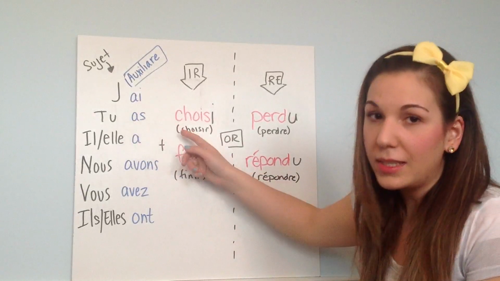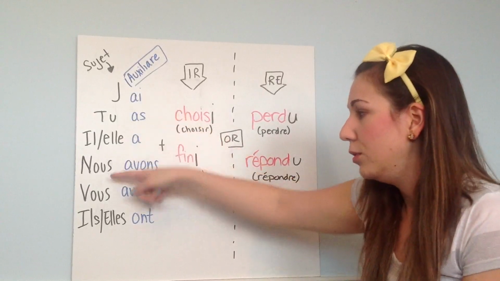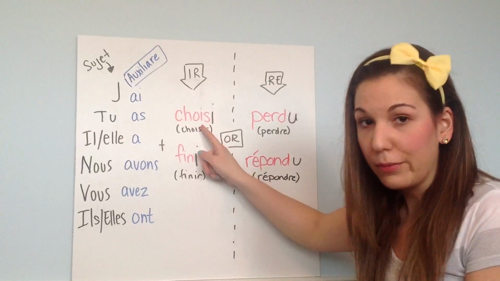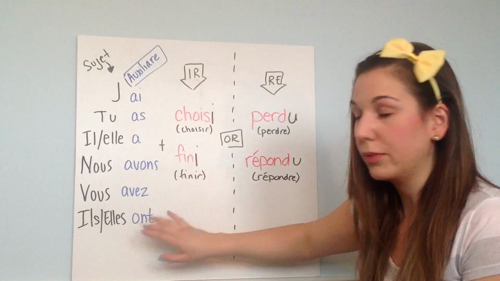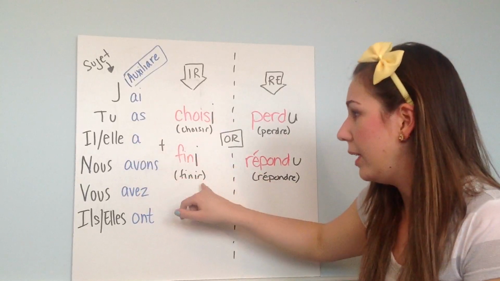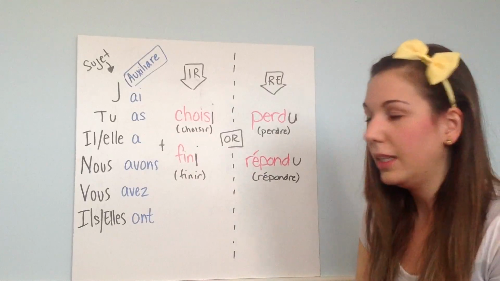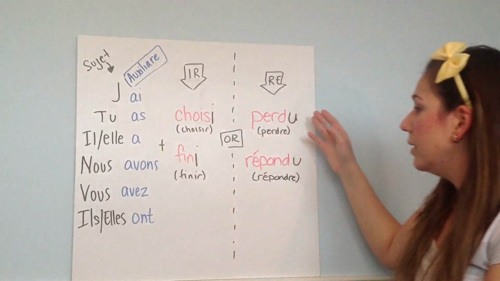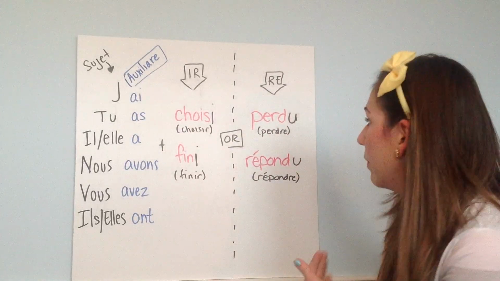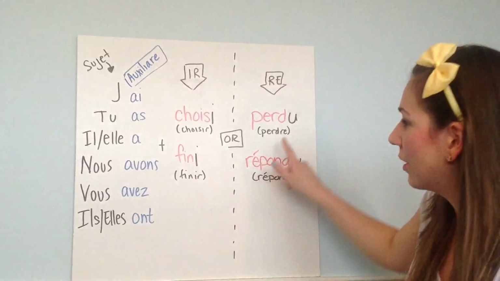So, j'ai choisi, tu as choisi, il, elle a choisi, nous avons choisi. Choisi stays the same for passé composé. Just the subjects and the auxiliaire differ, right? Same for fini. J'ai fini, tu as fini, il a fini, nous avons fini. This stays the same, these just change. And for RE verbs like perdre, which means to lose, it becomes perdu because it's an RE.